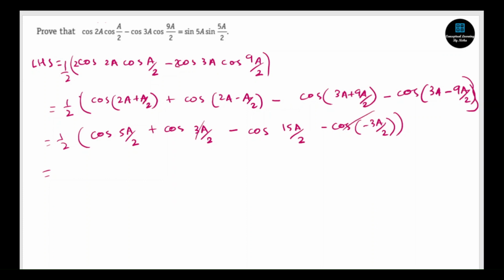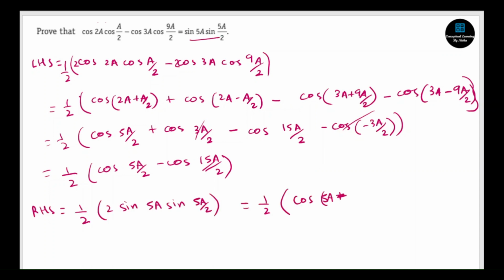Alright, so now I have 1/2 [cos 5a/2 minus cos(15a/2)].